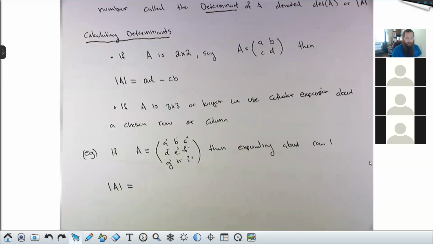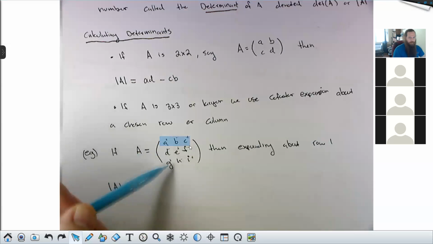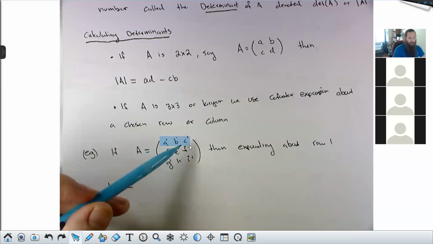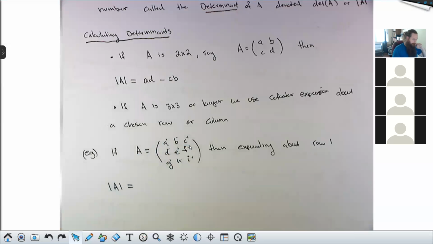Then, since I want to expand about row 1, I'm going to cover up row 1, and then cover up one column at a time. So I'll show you what I mean here. And then you'll take the determinant of the little 2 by 2 that's left over.